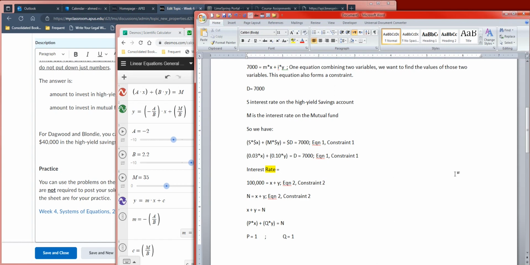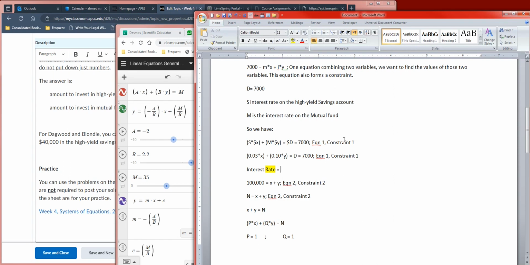Typically, and this has been an unstated assumption, we have been expressing interest rate here in terms of 1 year, right? So what is the return that you get in 1 year? That has been an unstated but implicit assumption throughout all of this discussion.